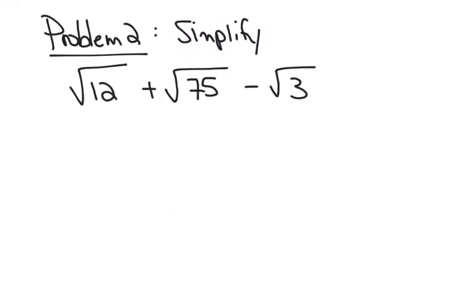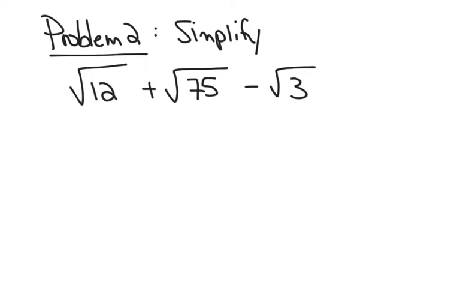In problem 2, I'm going to talk about this problem in 2 different ways because students have different understanding levels of number theory. I want to simplify the square root of 12 plus the square root of 75 minus the square root of 3. Upon first glance, you're like, oh, well, they don't have the same numbers under the radicals. However, you have to first ask yourself, can those radicals be simplified?